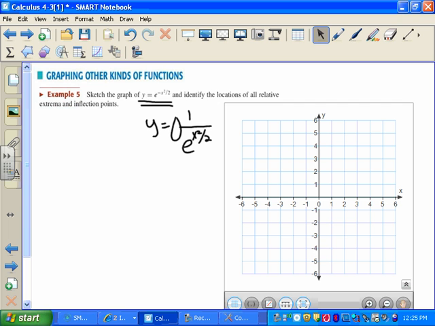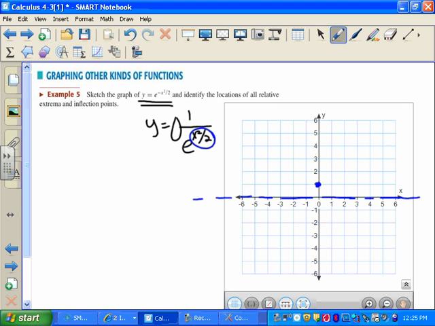The second thing I want to note is the biggest this value is ever going to be is 1. And here's how I know that. When I take a look at this exponent, if I plugged in x equals 0, I get e to the 0, and e to the 0 is 1, and 1 over 1 is 1. I also know that I'm never going to approach 0.